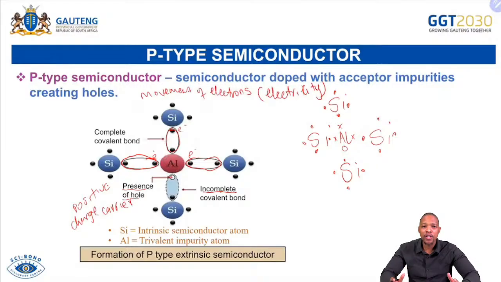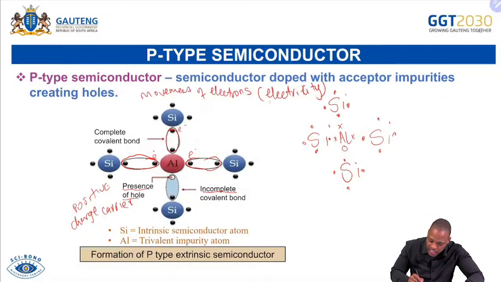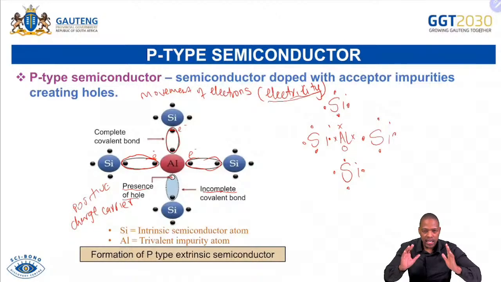We've done something to this semiconductor which used to not conduct electricity. We have doped it, we have introduced an impurity to it, and this impurity has just brought instability to this semiconductor, making electrons move now, because there's a hole, and the electrons are now attracted from one place to another, and that movement of electrons is the electricity.